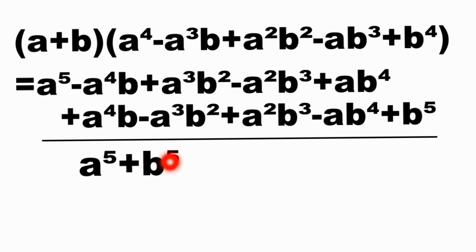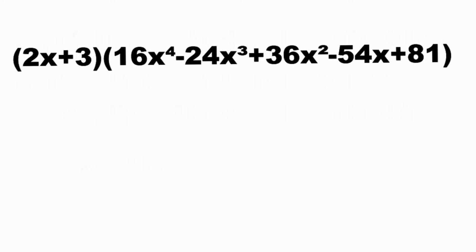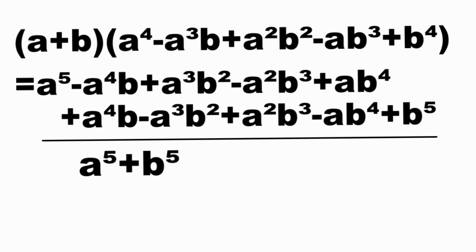So we found out that multiplying a plus b by this long polynomial is just equal to a to the fifth plus b to the fifth, and power 5, or fifth, is an odd number, odd power.